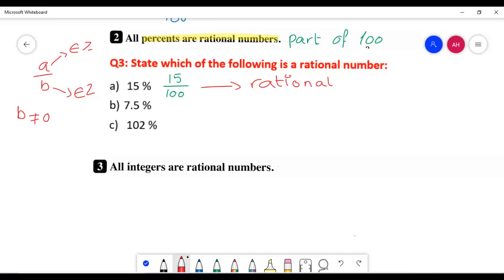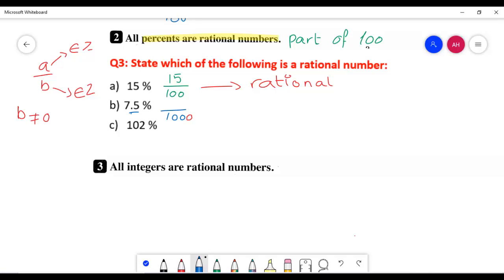Number B, 7.5%. We said that a percent means a part of the 100. So I am taking only part of the 100. But keep in mind that here it's 7.5. I must get rid of these decimal places. How many decimal places do I have? I have 1 decimal place. Since I have 1 decimal place, I must add here a 0.